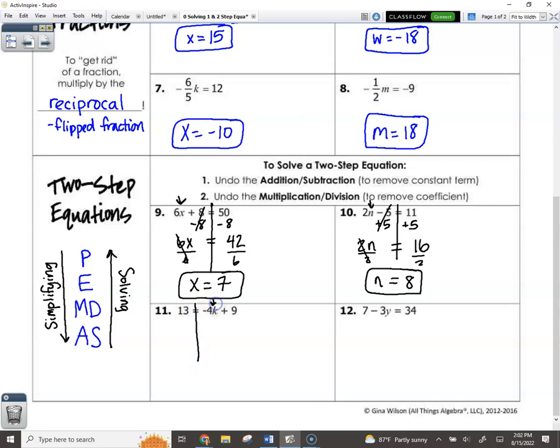There's your variable. What do I do first? Subtract 9. 13 minus 9 is 4. Then what? Divide by negative 4.